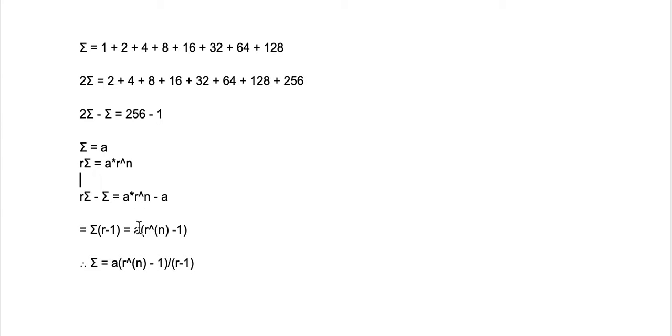So if we factor out a, we get a times r to the power of n times -1. And therefore, sigma equals a times r to the power of n minus 1 divided by r minus 1, because we bring this r minus 1 over to the other side, and we get sigma.